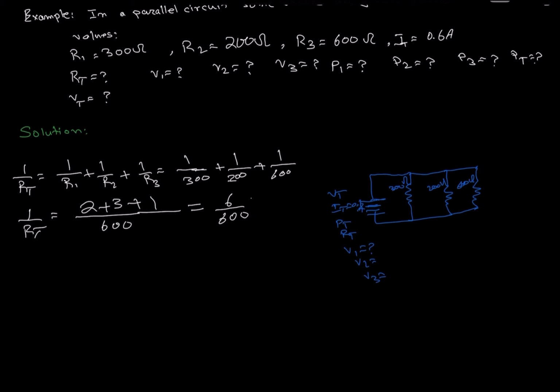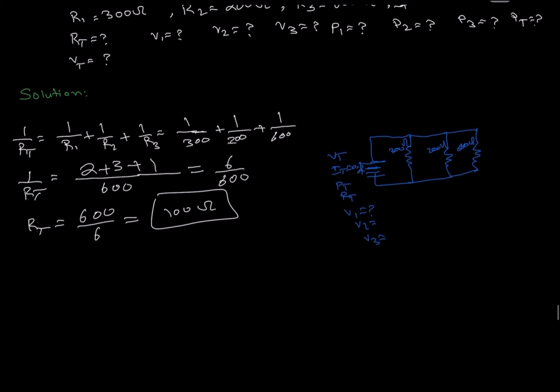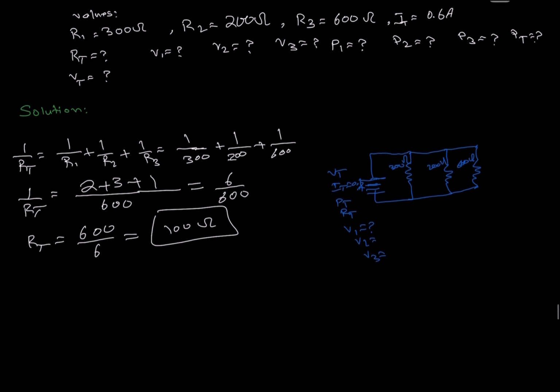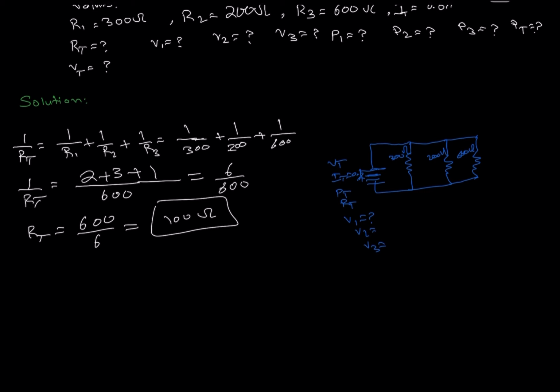We can simplify it here, but let's reciprocate this one first. 1 over RT becomes RT equals 600 over 6. So this gives us 100 ohm. RT is 100 ohm now. Now the second thing being asked is to find the total voltage, VT.